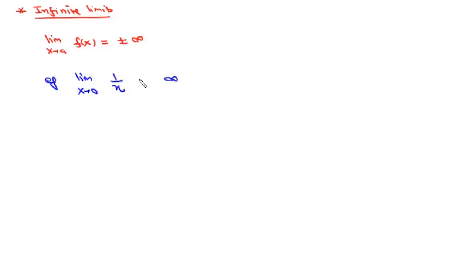But if we look at this function y equals 1 upon x, we know that this function changes definition at 0. It has two separate branches. If x is greater than 0, it is in the first quadrant, and if x is less than 0, then it is in the third quadrant.